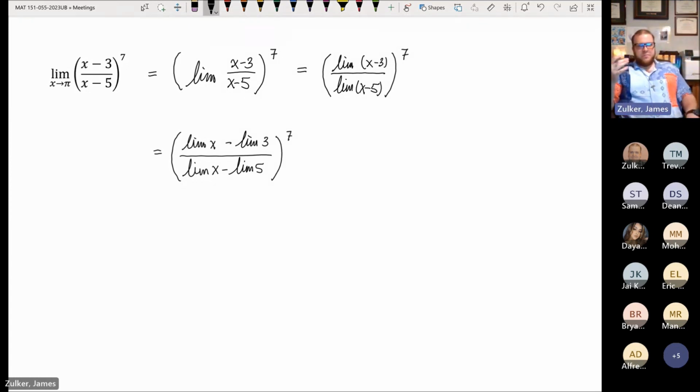All right, we can split the numerator and denominator into 2 limits, right? Because we're taking the limit of a difference.